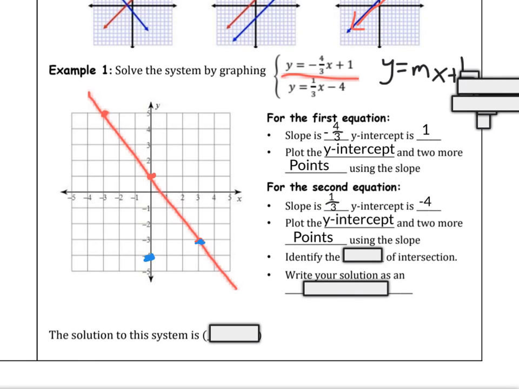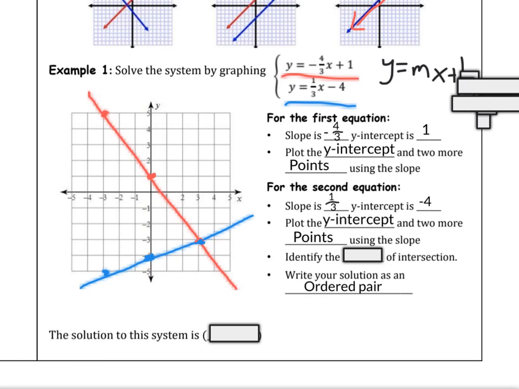And let's go the other direction just to get an extra point. Instead of up 1 this time, I'm going to go down 1, over 1, 2, 3, that rise over run. So I'm going to get another point right there. And we can draw our line straight through those, and that gives us our line for our second equation.